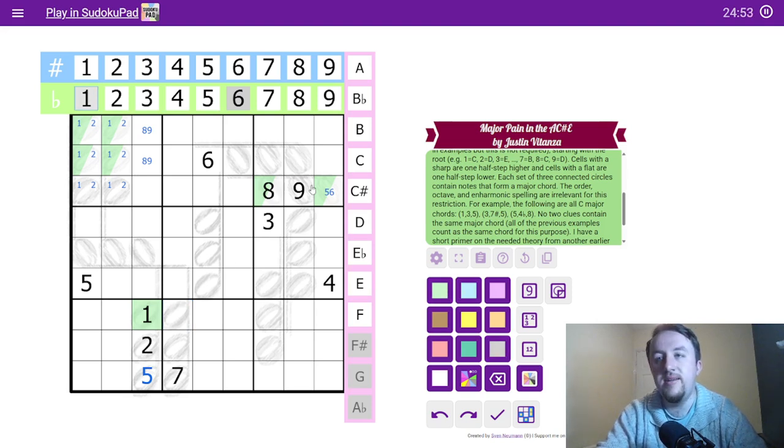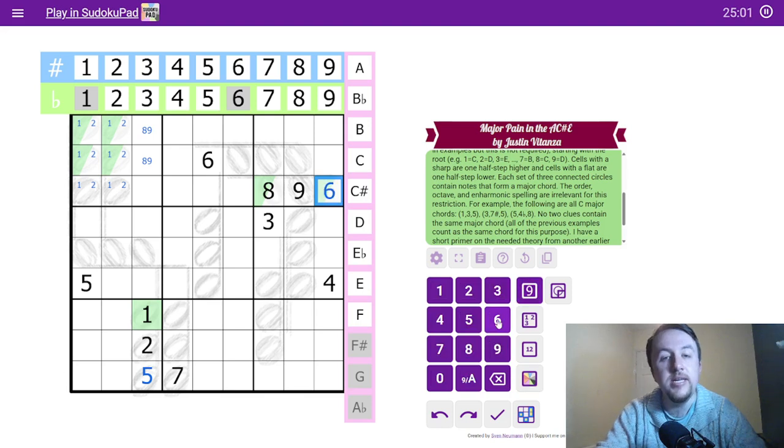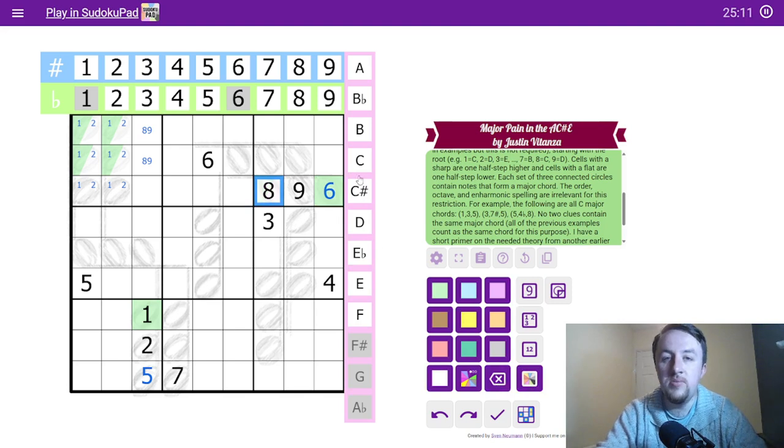Right, we are 25 minutes in and making a bit of progress. So that now means that this must be the A flat major triad, which has a 6 here, flat. The 8 is normal, that's representing a C, and the 9 needs to be sharp in order to count as an E flat or a D sharp.